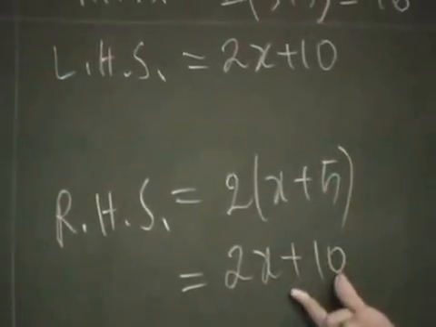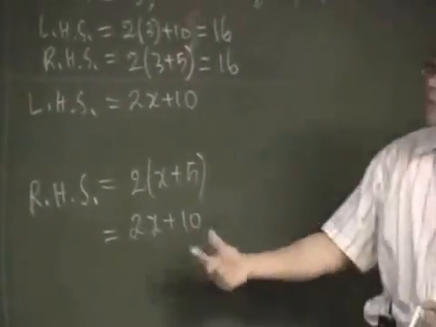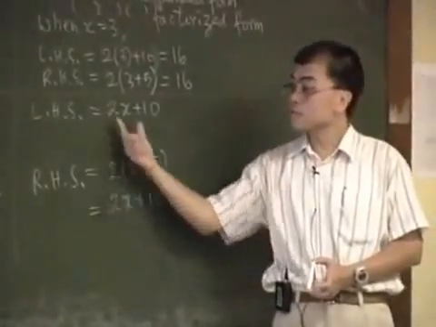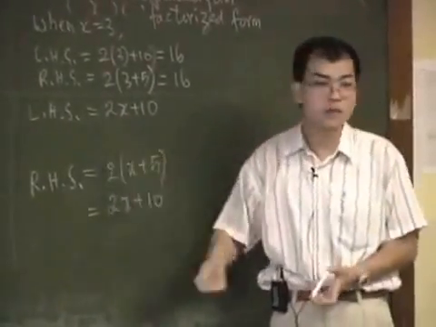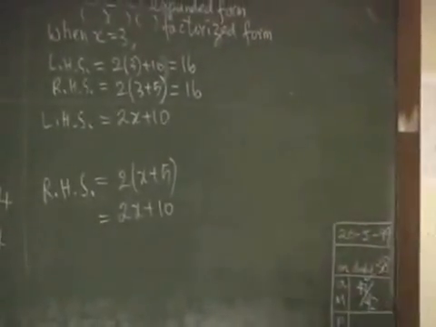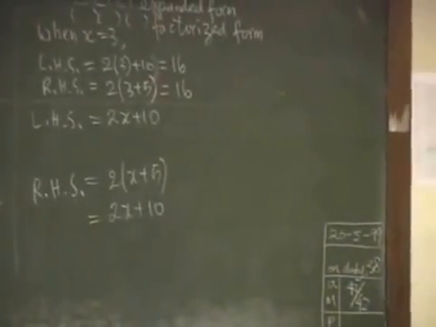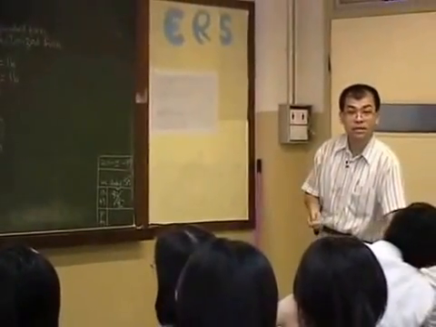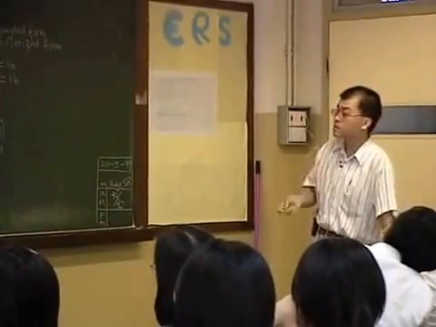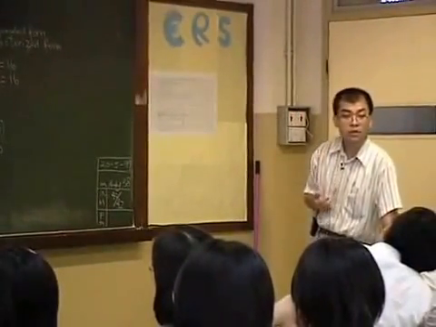Constant term, both are the same, 10. x term, the same, 2x. Therefore, will they always be the same? Yes. In fact, on both sides, the expressions are exactly the same. Or we say that they are identically the same.